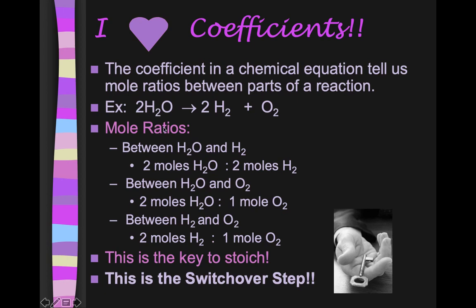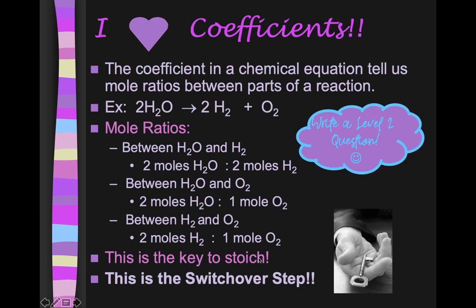What we can do now is we could use any unit related to water, get it to moles, and then switch from moles to hydrogen and get to any other units related to hydrogen. That switchover step is the key, this new big idea for stoichiometry. All right, go ahead and do a level 2 question so far. Pause the video, think about what we've done so far, write a question, come back when you're ready.